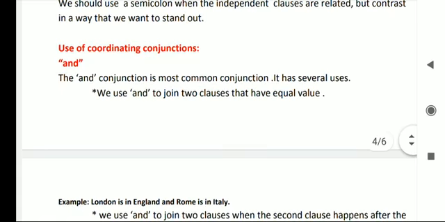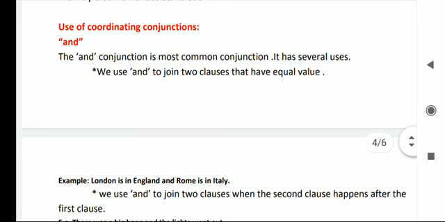So use of coordinating conjunctions, हमारे पास coordinating conjunctions कैसे इस्तेमाल होते हैं, कहाँ कहाँ इस्तेमाल होते हैं, ज़रा आप देखिए. सबसे पहला जो coordinating conjunction हमारे पास, that is and. The and conjunction is the most common conjunction, it has several uses.